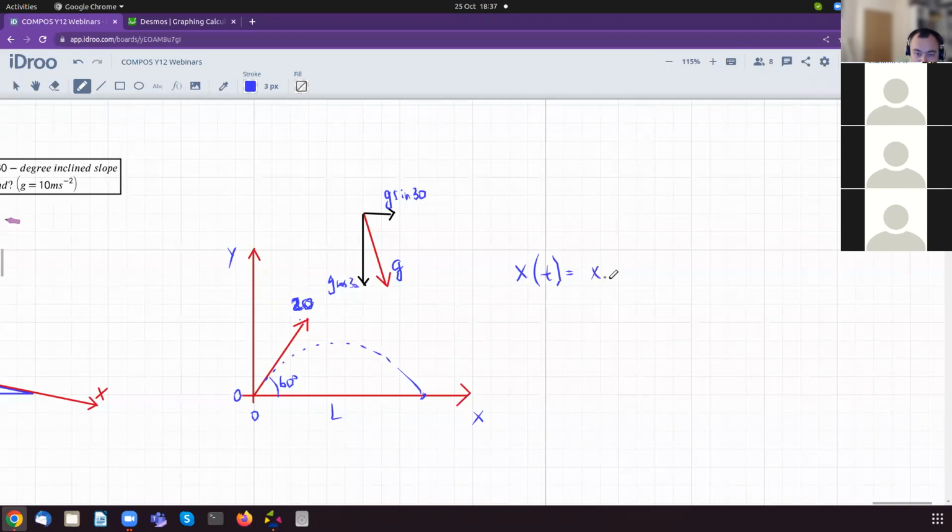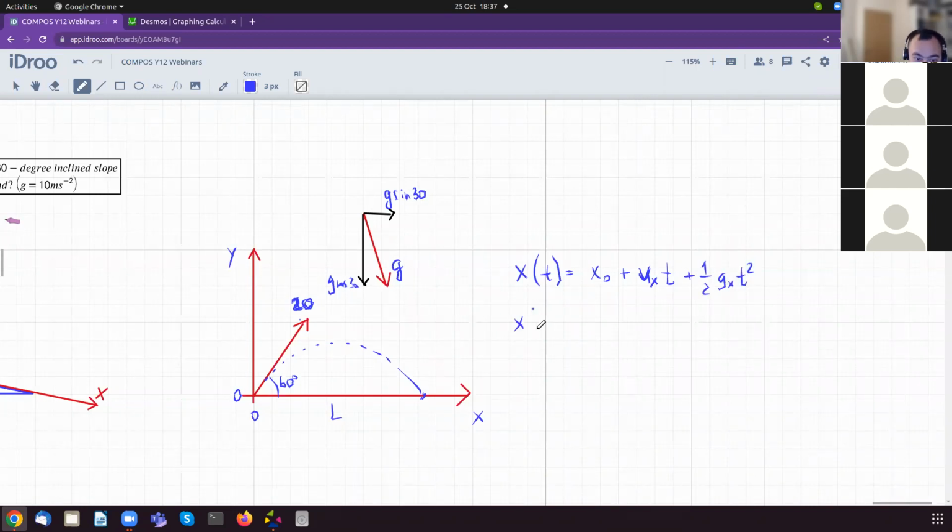Okay, let's make it obvious: x0 plus the initial velocity, which is vx, or ux technically, times t. Now it is accelerating along x, and this is the acceleration. So plus a half gx times t squared.